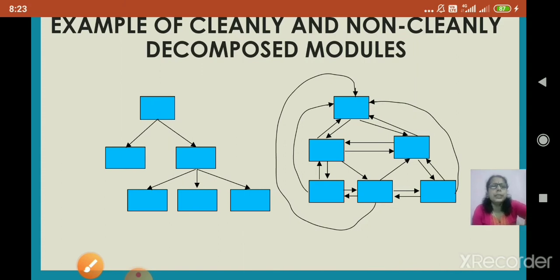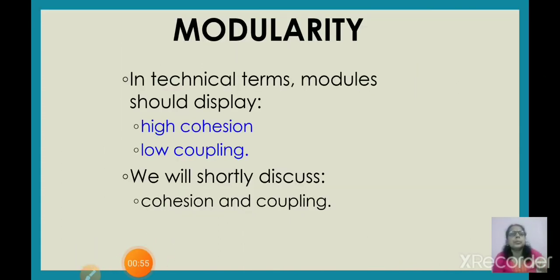Then next is modularity. In technical terms, modules should display high cohesion and low coupling. We know what a module is: we divide the program into small modules, small subprograms or small functions. So modularity requires high cohesion and low coupling.